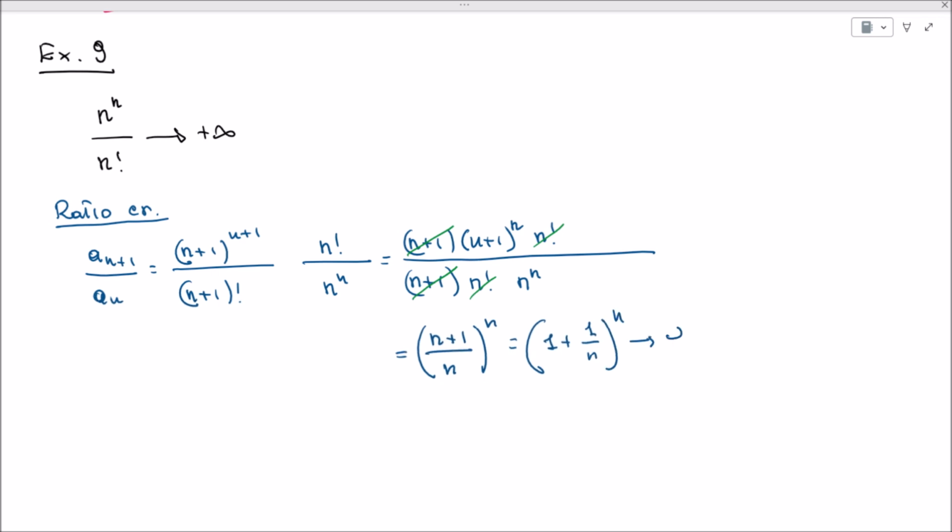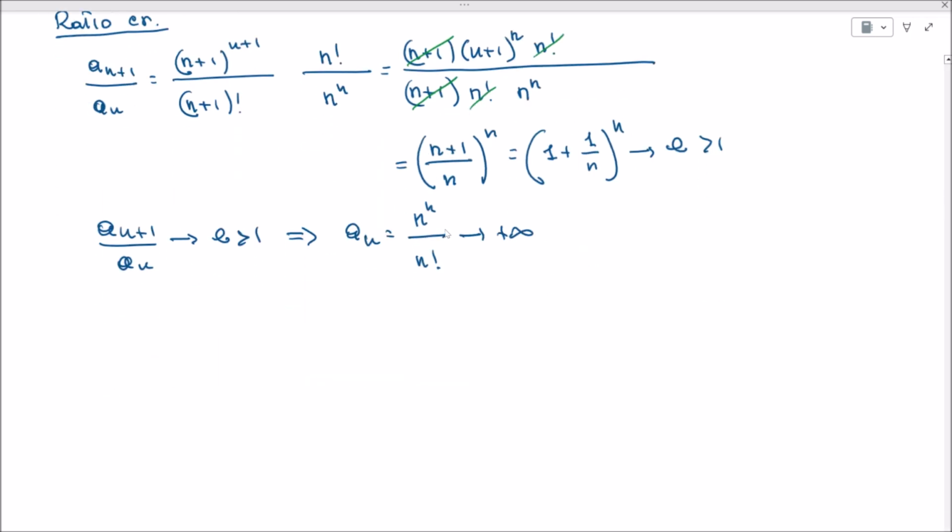This will tend to e, the Euler's number, which is 2.7, so is larger than 1. So we can conclude that because a_{n+1} divided by a_n tends to e, which is larger than 1, then a_n, which is n to the n divided by n factorial, will diverge to plus infinity.